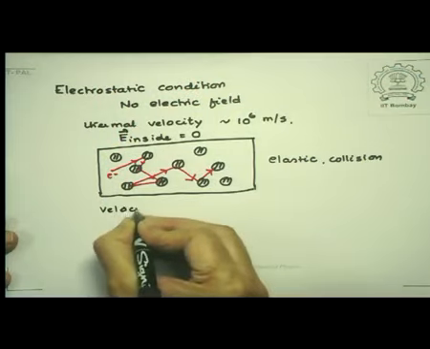Now if you look at a collection of electrons, because of this random nature, the velocities of different electrons are uncorrelated. So let me write it down. The velocities of different electrons are uncorrelated.